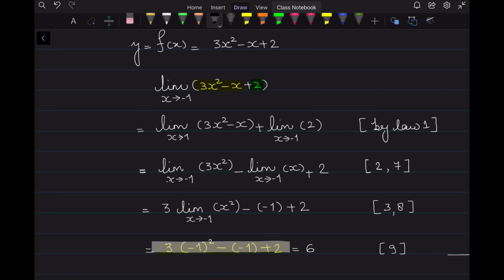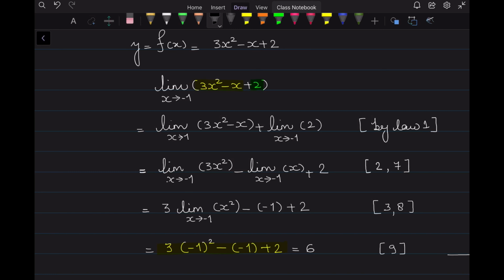See, isn't it the same step we would have obtained if we had substituted x is equal to minus 1 directly in this expression? So when you put x is equal to minus 1, in the first term of this expression, you will get 3 times minus 1 squared, and which is right here. And again, when you'll put x is equal to minus 1 here, you will get minus 1 times minus 1, and which is here, and this plus 2 is already here.